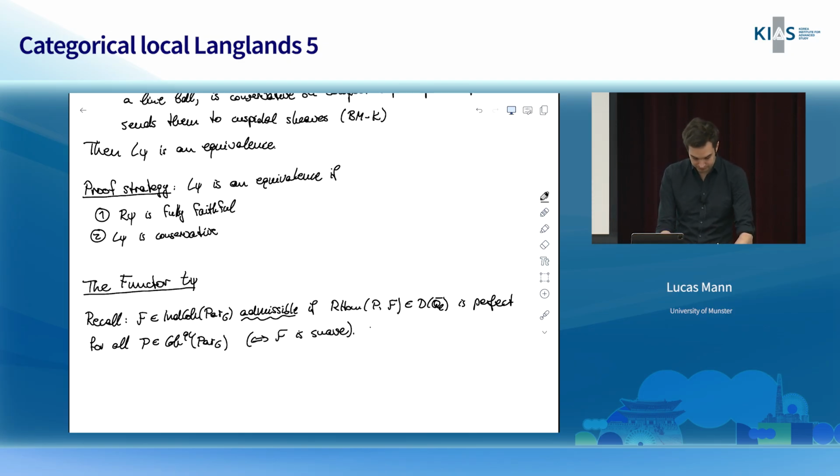And then let me also recall that there's this duality, the admissible duality, that sends the admissible sheaves on Par G to itself, and it's an equivalence.